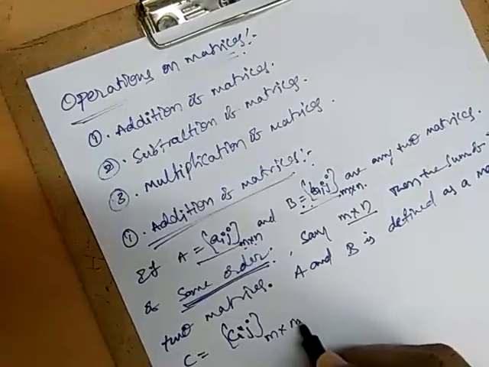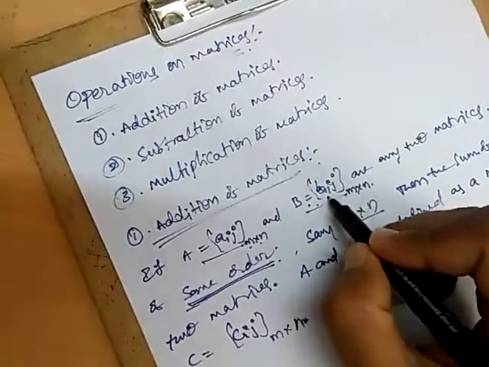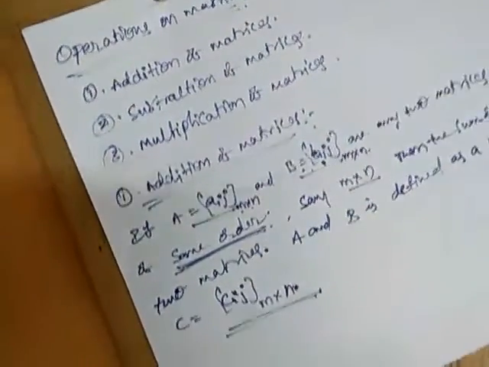The matrix order should be m by n. Why? Because this matrix order is m by n and this matrix order is m by n, so the resultant matrix order is also m by n.